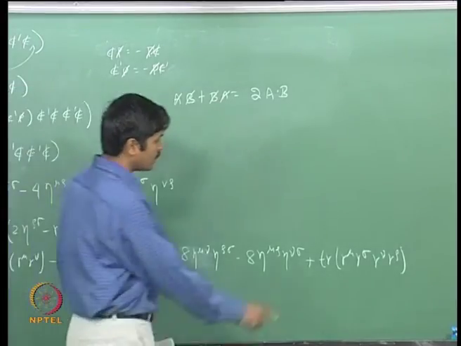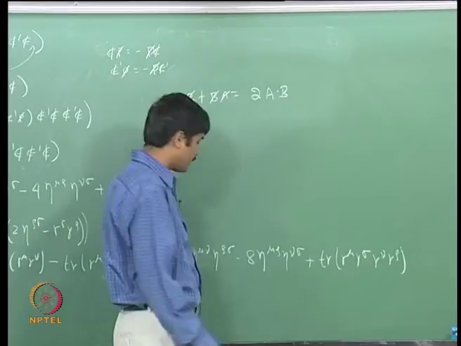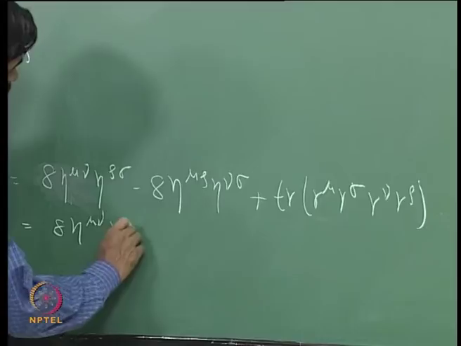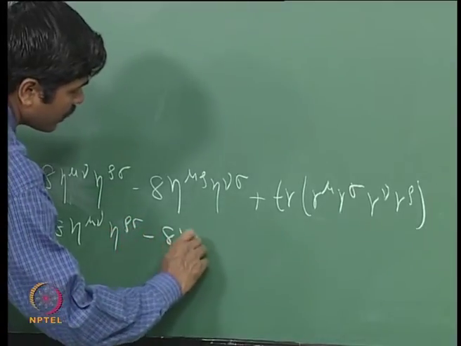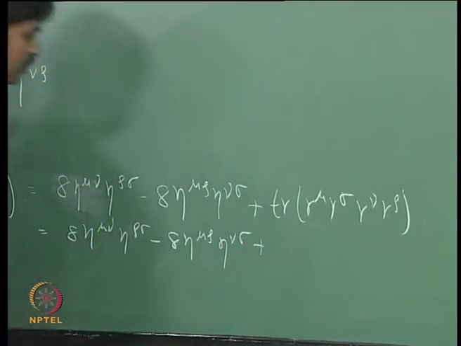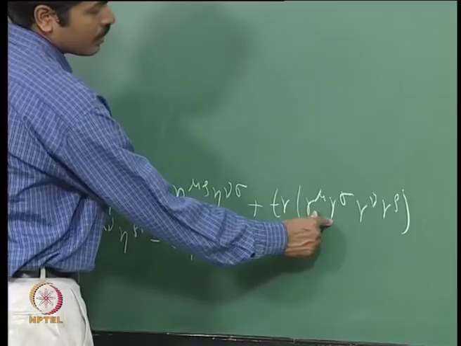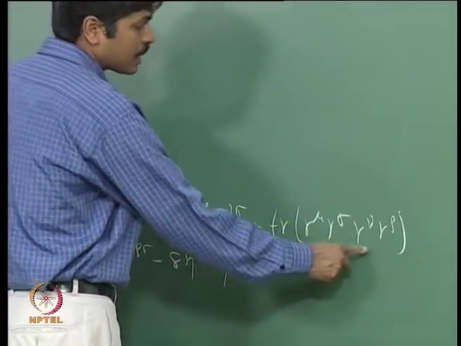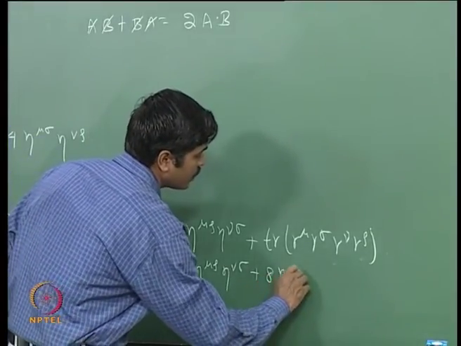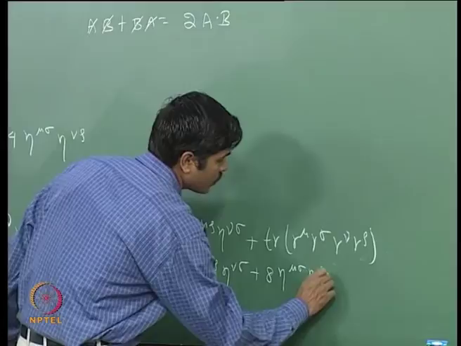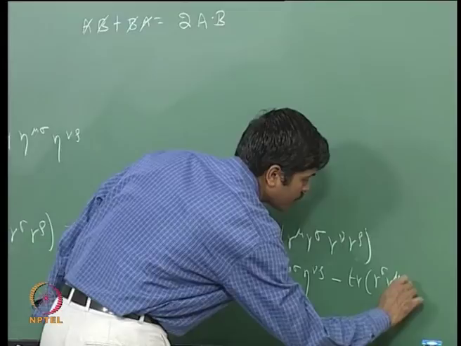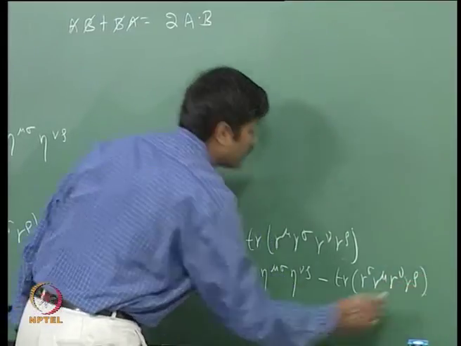Now, in this expression again I will pull it once, then what I get is 8 eta mu nu eta rho sigma minus 8 eta mu rho eta nu sigma plus twice eta mu sigma times trace of gamma nu gamma rho, which is 8 eta mu sigma eta nu rho minus trace gamma sigma gamma mu gamma nu gamma rho.